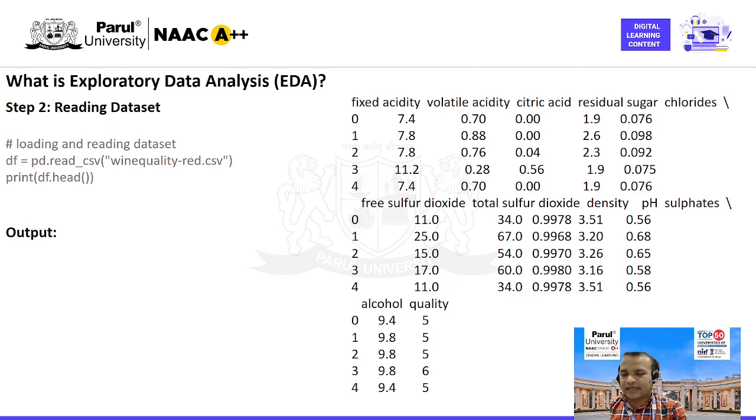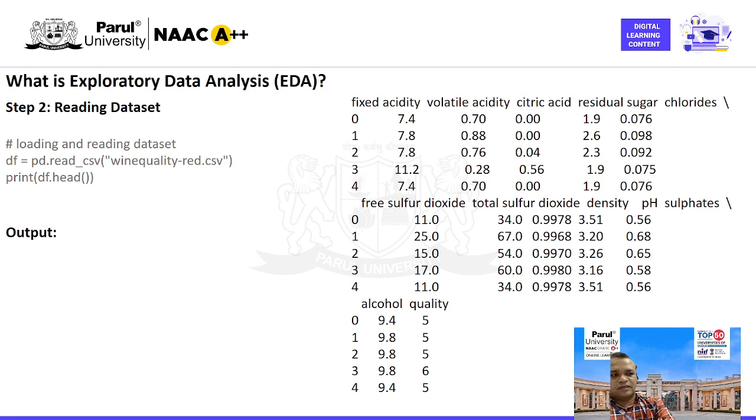The second step is reading the data set. Firstly, we load and read the data set. For the reading, we create the data frame df equals pd.read_csv, the function we use here for reading your data set.